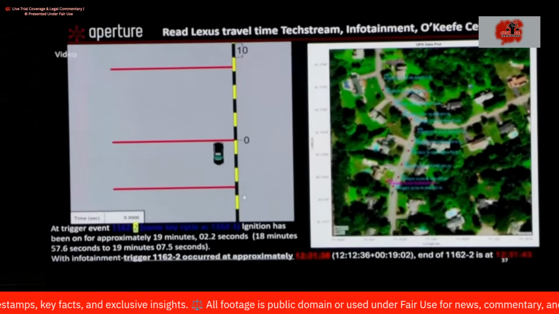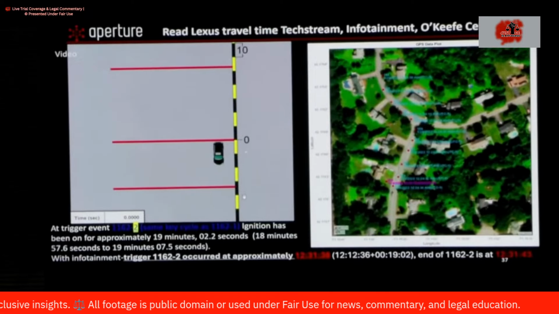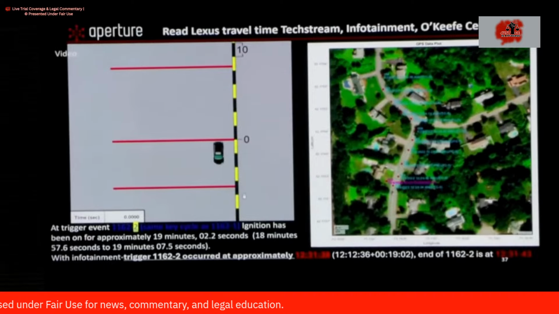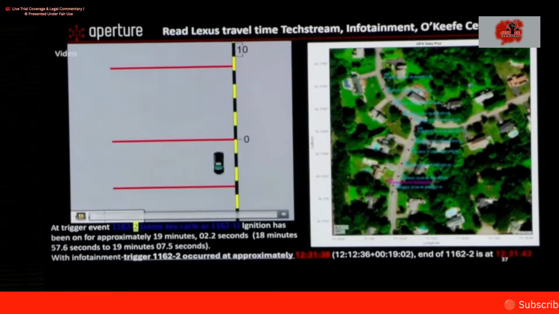Each one of these little hash marks, a different color, represents 10 feet. The red lines show the extent of motion. Remember what I said, it initially pulled forward, then backed up past its initial spot, and then went backwards a further distance. So what this shows is where we simulated this in a program called HVE.